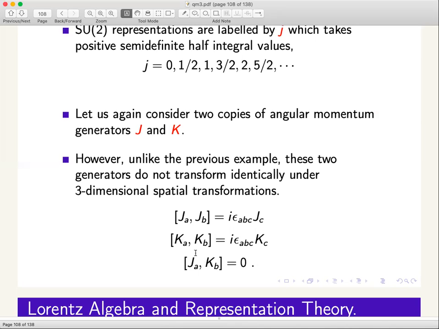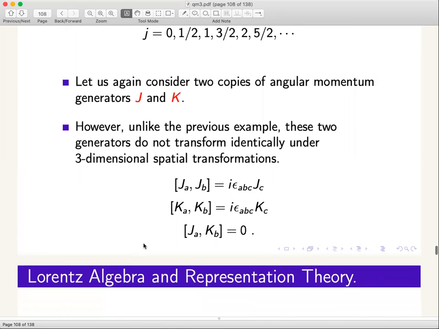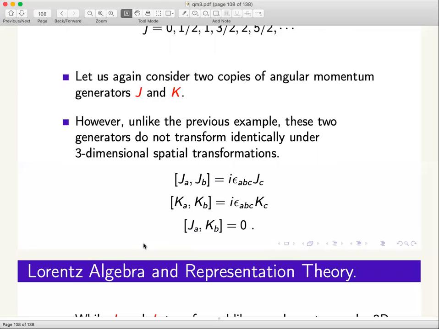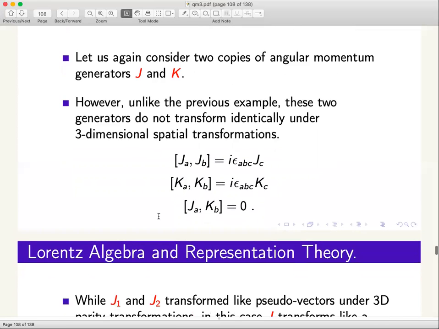If it is behaving as a pseudo vector, then if you change K_A to K minus A and K_B to K minus B, then it should become K minus C on the right hand side, and that should give you an extra minus sign. I'll give you a representation in which this will work. So just hold on, actually.